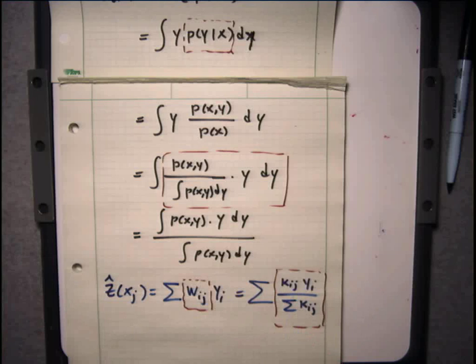Now remember what the kernel does. The kernel measures the distance or similarity between a point and another point. Now those points could be xi and xj, or it could be xi and yi and xj and yj. So it's measuring similarities, it's measuring distances. Those distances, when properly normalized, are nothing but essentially a probability density.